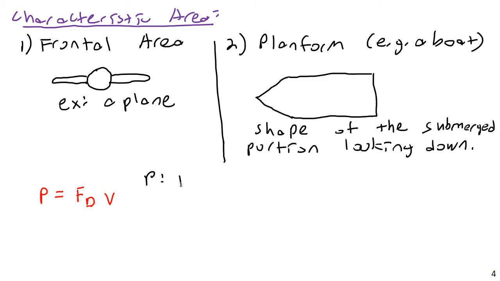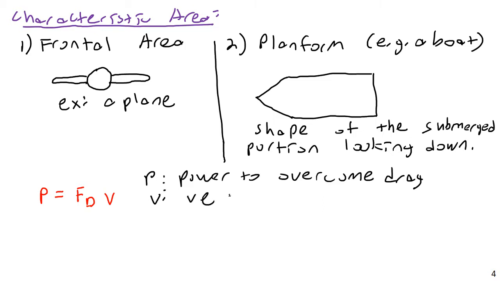So P is the power, but here it is applied to drag. P is the power to overcome drag. V is going to be the velocity of the object relative to the stationary ground.